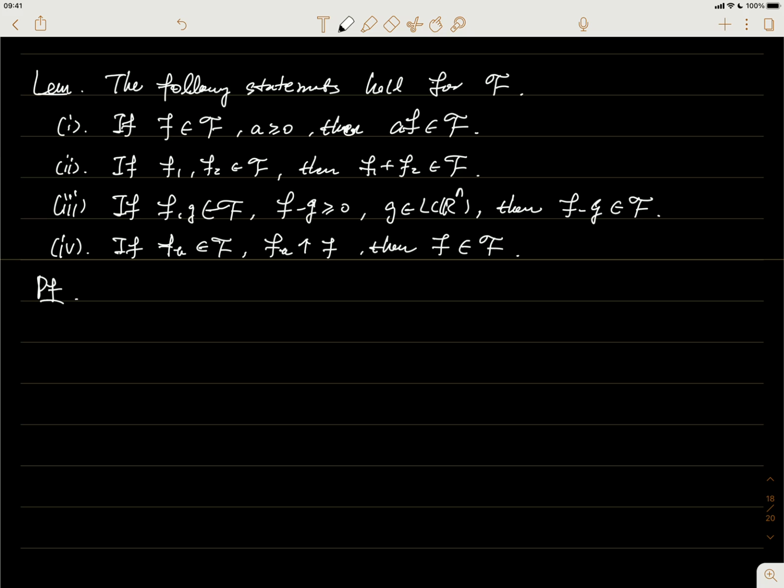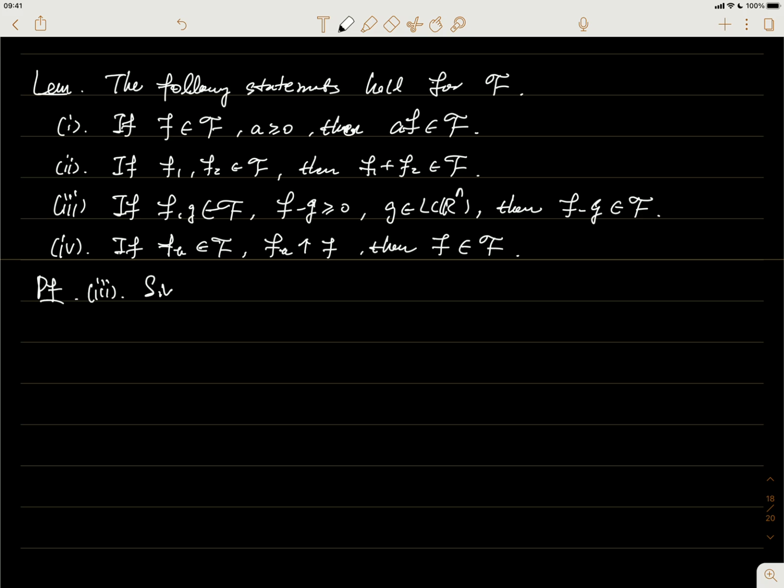Okay, so to this end, the key is to use this fact to show that g is defined, is finite almost everywhere.